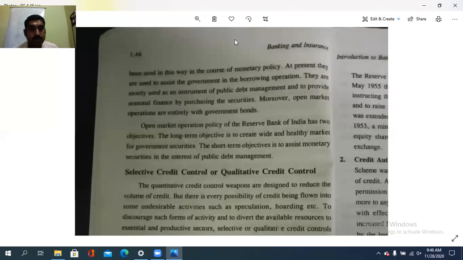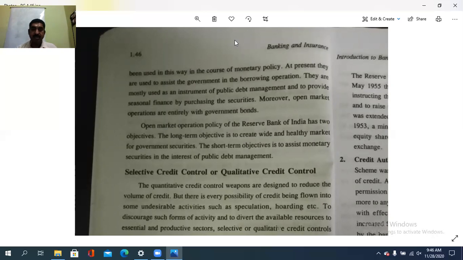They are mostly used as an instrument of public debt management and to provide seasonal finance by purchasing securities. Moreover, the open market operations are entirely with government bonds. Government related securities and bonds are part of open market operations because they are the sale and purchase of assets, of securities. That is what to remember.